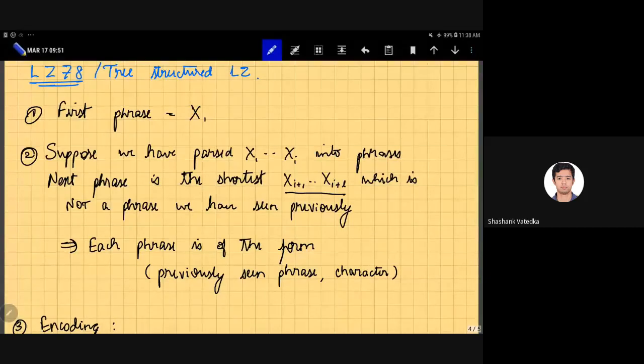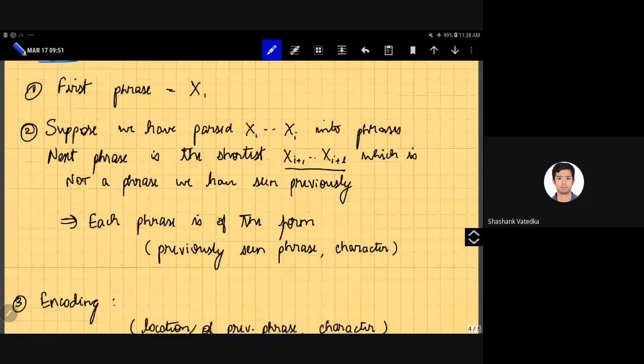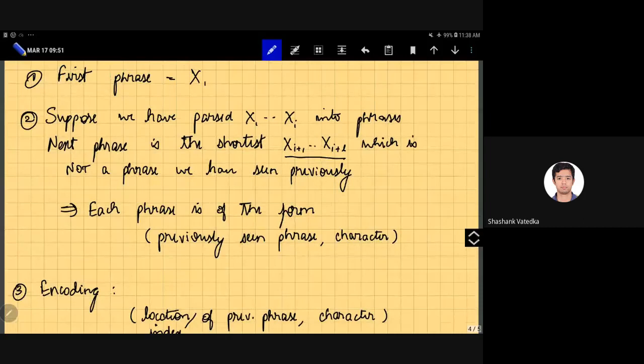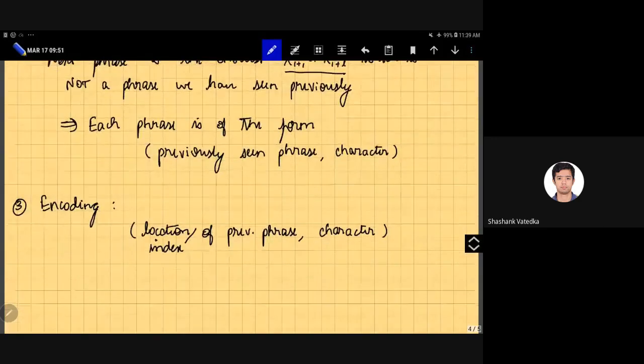It's basically a subsequence which can be written as the longest matching phrase plus a new character. And the way you encode this is you just store the location of the matching phrase and then a character. So let's see an example to understand this.